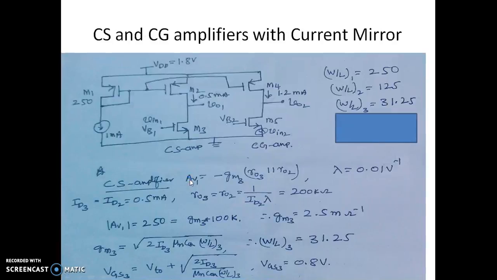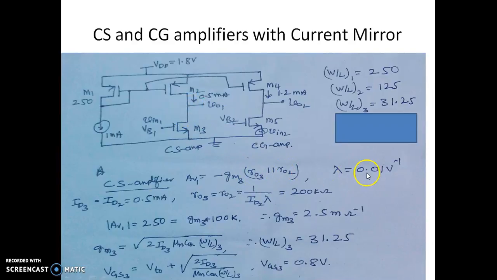Since we are having a CS amplifier for a gain of 250, we know that for a CS amplifier with an active load, the gain expression is given by minus gm3, this is the transistor which is responsible for the transconductance, times the load impedance, which is r03 in parallel with r02.